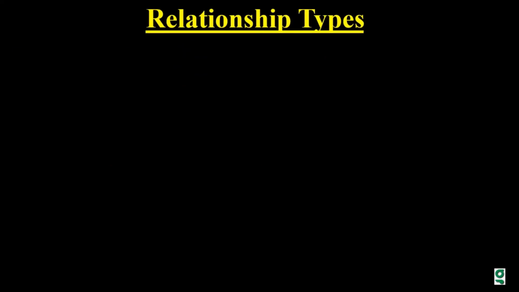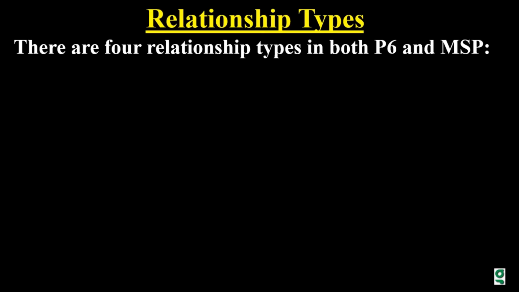Now, let's discuss the relationship types. There are 4 relationship types in both Primavera P6 and Microsoft Project. First, we have the finish to start, which is also the default relationship when you try to link activities.